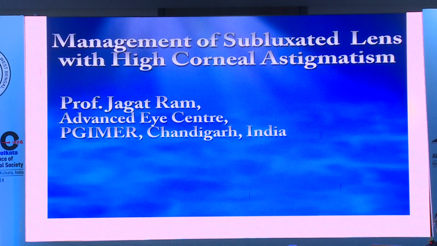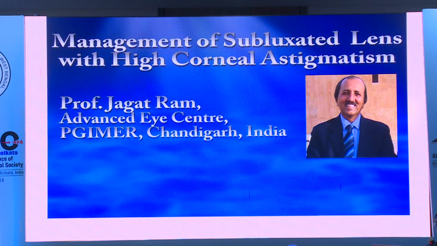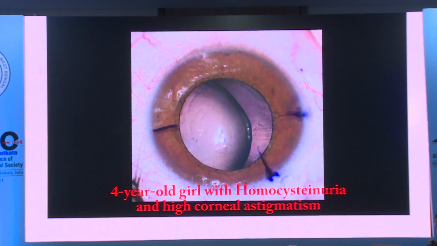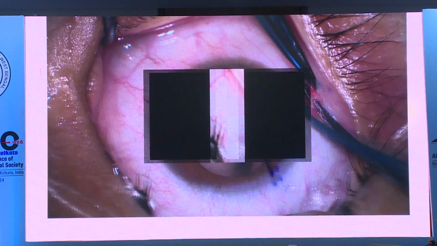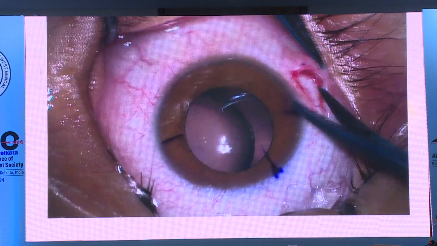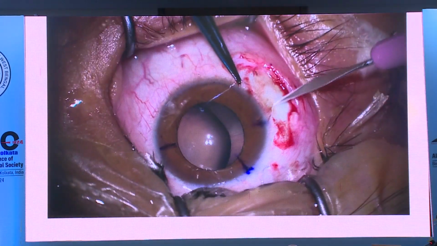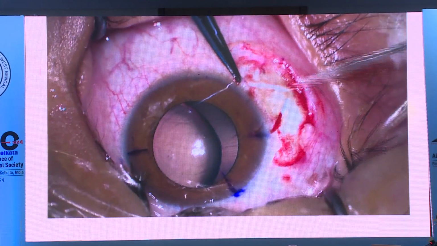And then coming to some of the other complex cases, that is subluxated lens with high corneal astigmatism, a 4-year-old girl. Here there are a few challenges. One is that it is a subluxated cataract.